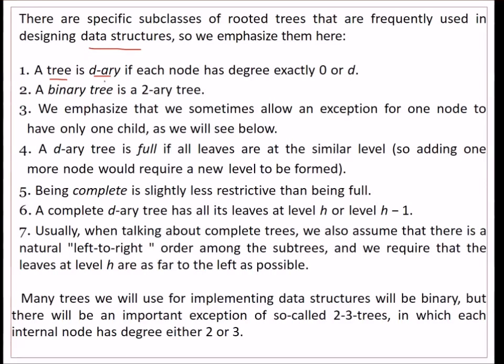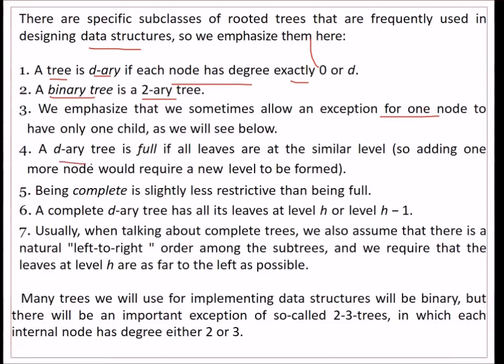A tree is D-ary if each node has exactly 0 or D children. This means a binary tree will have either 0 or 2 children, that is, degree 0 or 2. And we also allow an exception for one node to have one child.